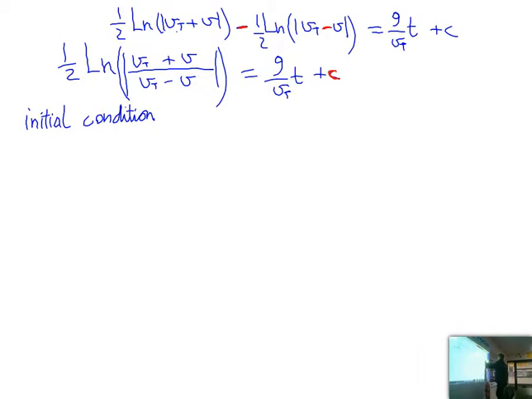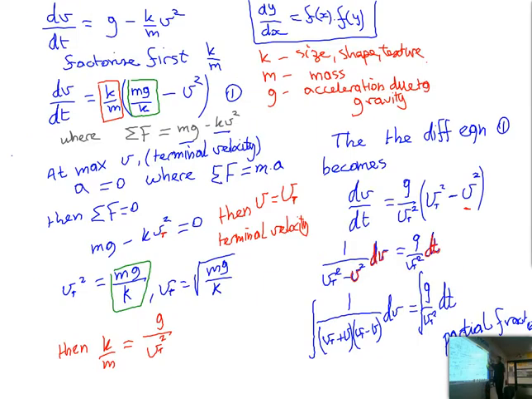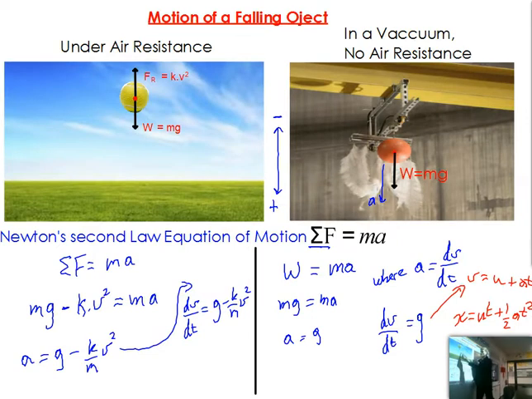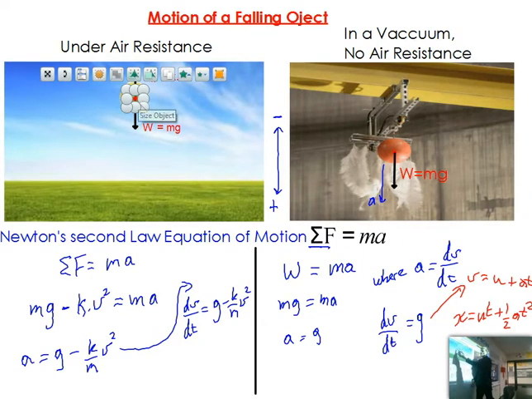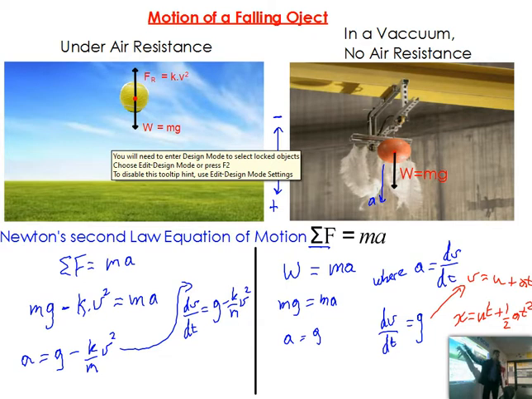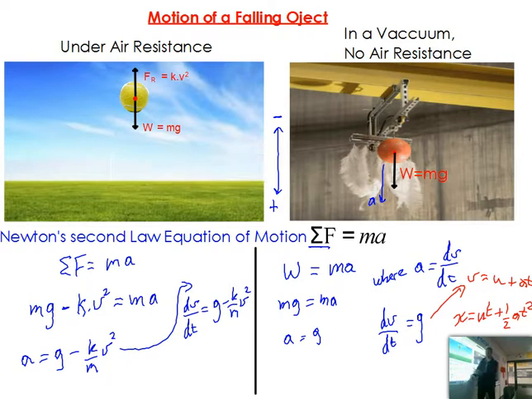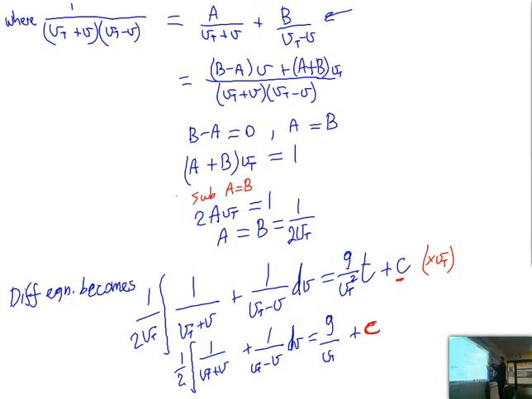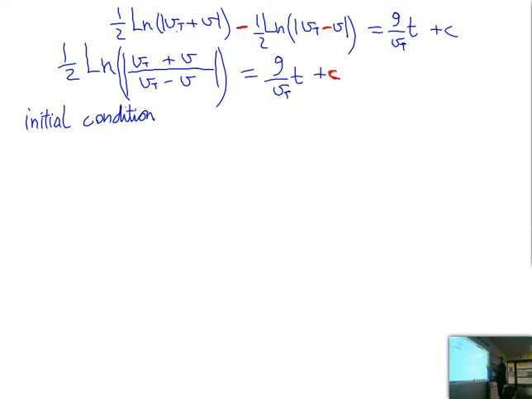In thinking about the initial condition, you can always do that relative to the diagram or picture you have. Okay? So in this case, an object is falling through air. If we consider the situation where the object is held and then dropped from rest. In that scenario, drop from rest, what are we going to say about our initial condition? When time is 0, our velocity is 0. Okay? So this is one scenario.